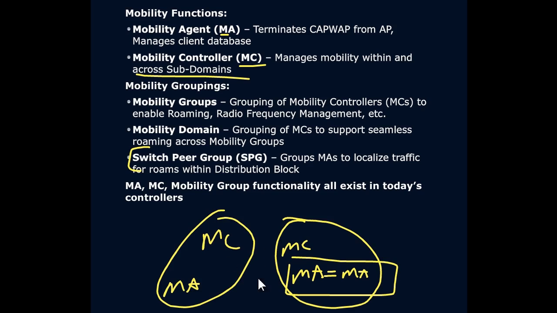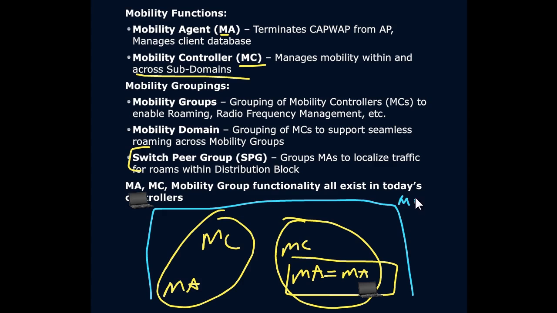So you might have other groups, and again, I can roam still between these different sets of devices as long as I have identified, all right, that they're all mine. And I do that by specifying that these all belong to the same mobility domain. All right, the mobility domain, the grouping of MCs to support seamless roaming across mobility groups. So the mobility domain ensures that you can roam back and forth as necessary.